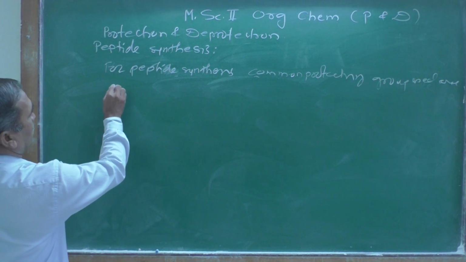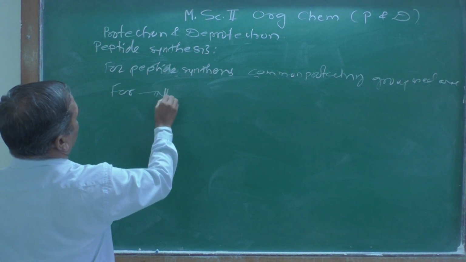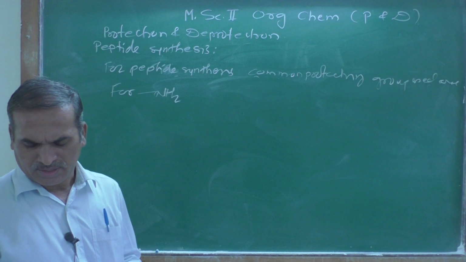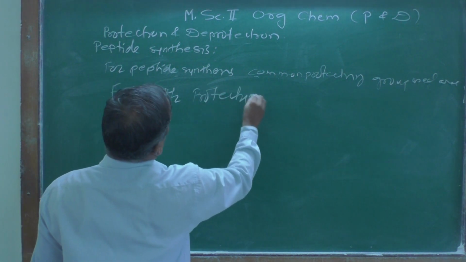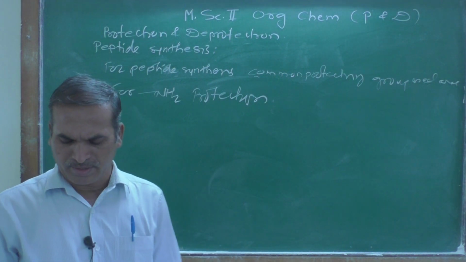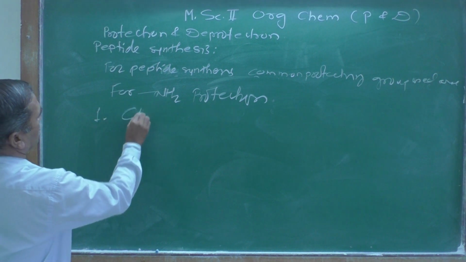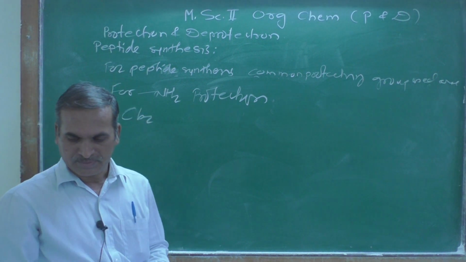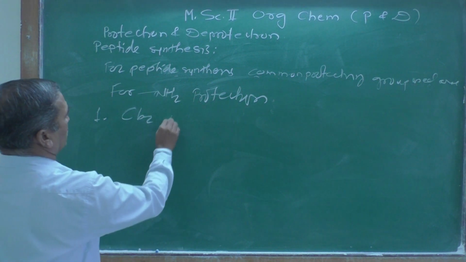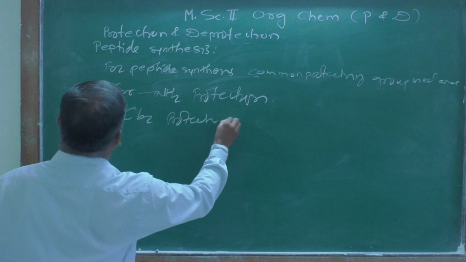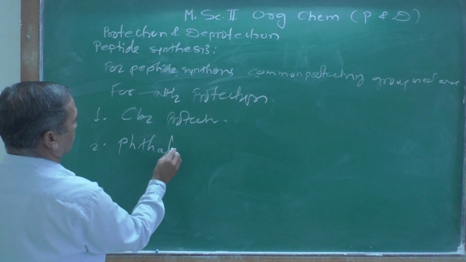For NH2 protection, the first one is CBZ protection, then phthalate protection.